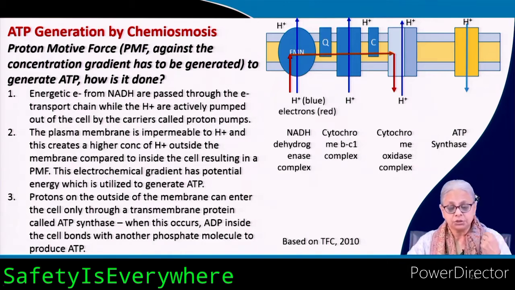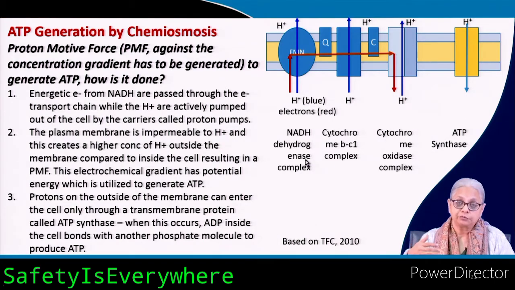So NADH is the starting point. The NADH that is going to be transporting both, it gives up a proton and an electron, and both of them are transported. So the red lines show you the transport of electrons and the blue lines represent protons, and in the first 3 complexes you get the pumping of protons out of the cytoplasm.